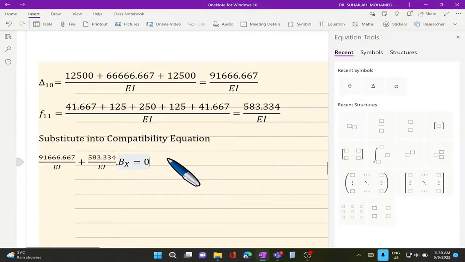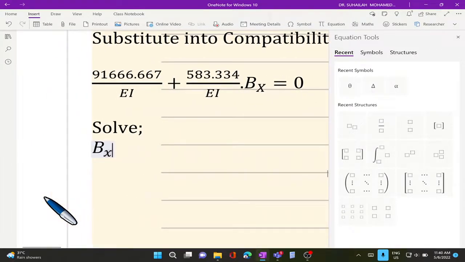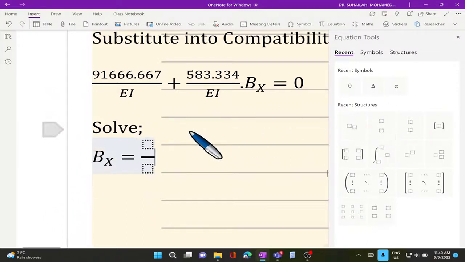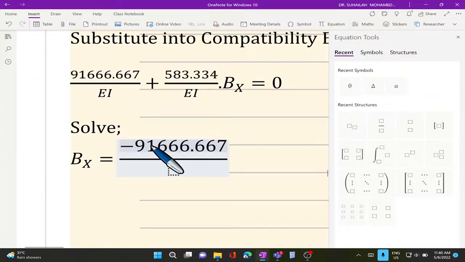So we get BX equal to negative 91,666.667 divided by 583.334.